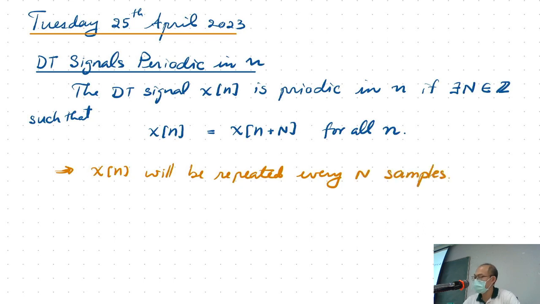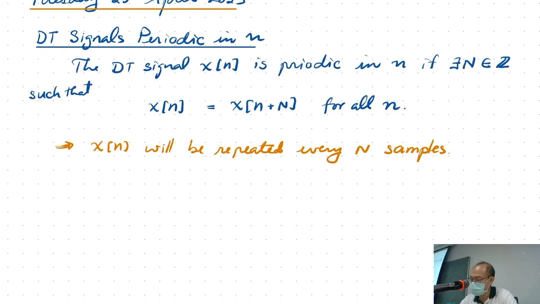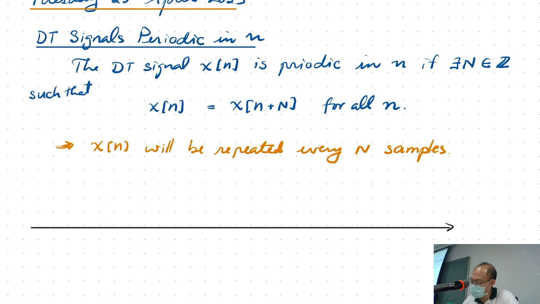The concept is just like the continuous time periodic signals, but now we're talking about discrete time, so you have to be careful about the variables. So for example, this is a periodic signal in n, discrete time in n.